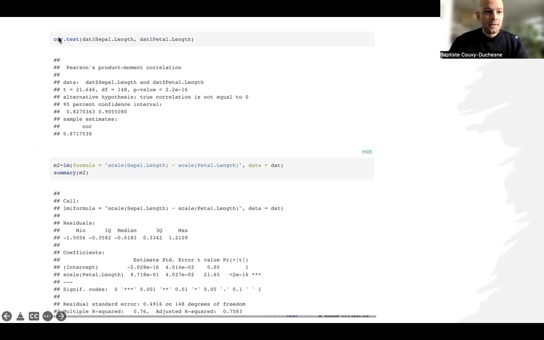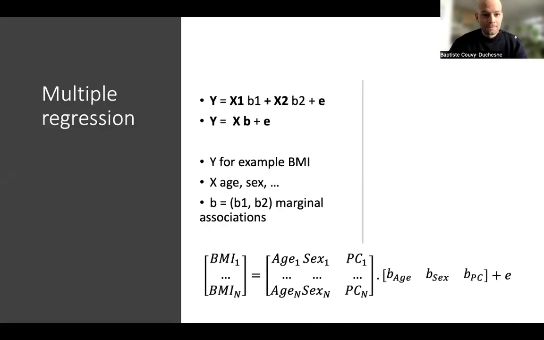Here we estimate the correlation between the two variables, which is 0.87. We can do the same in a linear model framework where we standardize the variables, and we end up with a linear model estimate which is the same, 0.87. So good to see that the practice aligns with the theory.